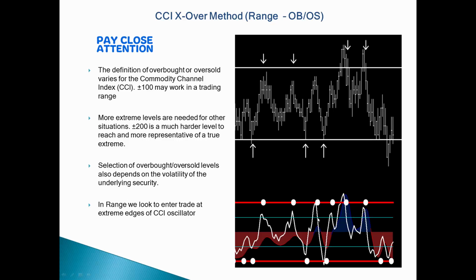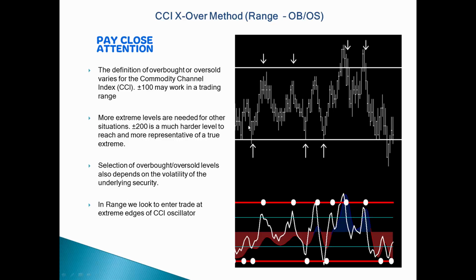We want to watch closely where the CCI develops its pivot peaks, and where price is relative to the upper part of the range or the lower part of the price range.